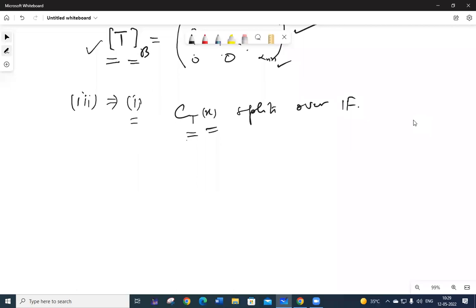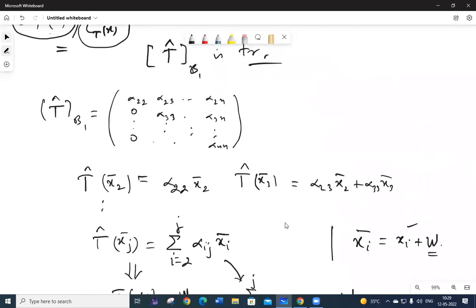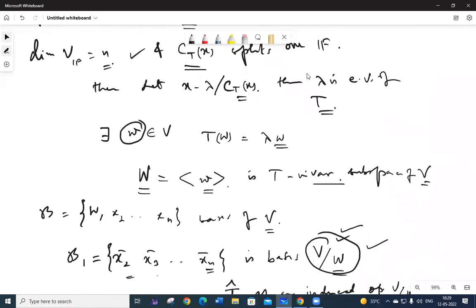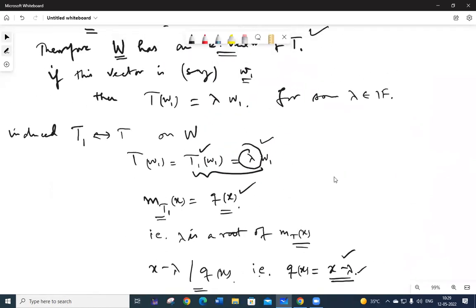Sir, can you please come to the proof of second implies one? Second implies 1. Let me come. So the statement was that C_T should split in linear factors, right?